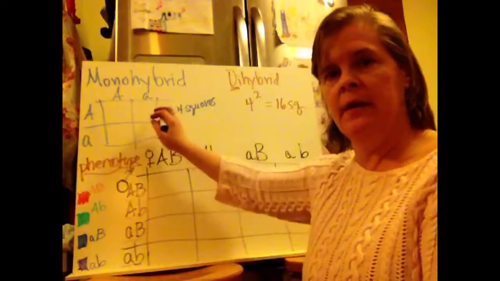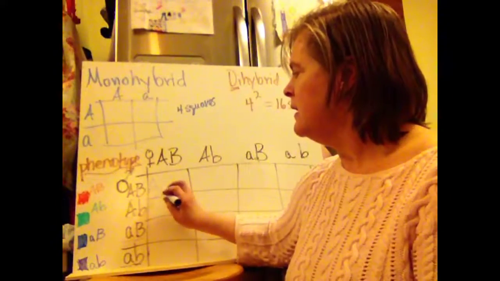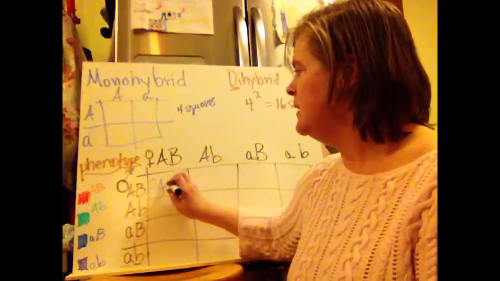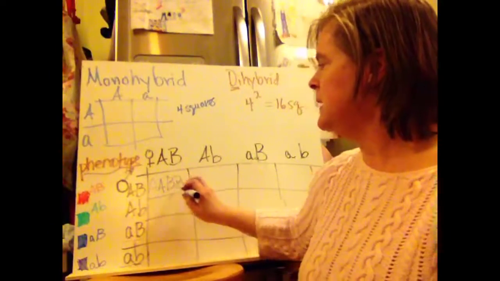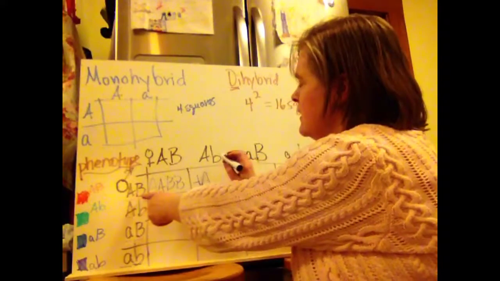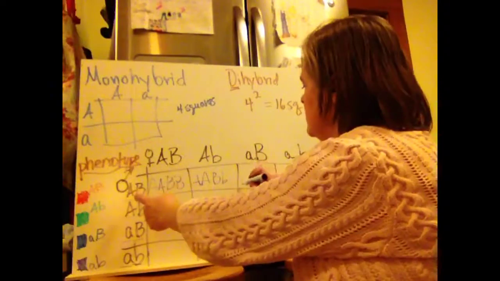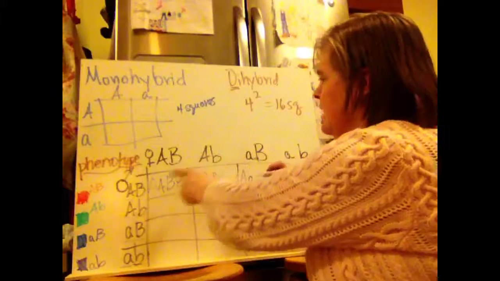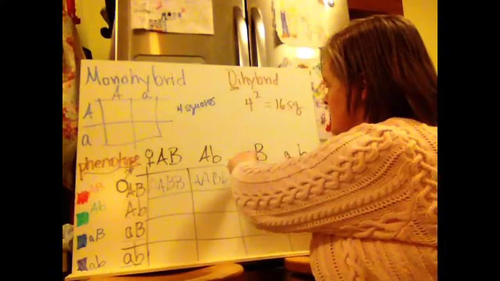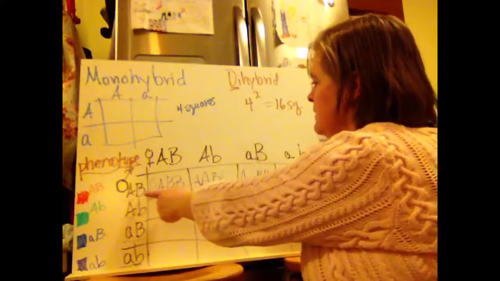Just like you do for the monohybrid cross. Here we have capital A, capital A, capital B, capital B. Here we have big A, big A, big B, and little b. Here we have large A, small a, large B, large B. Here we have large A, small a, large B, and small b.